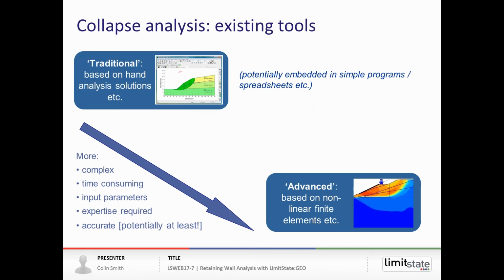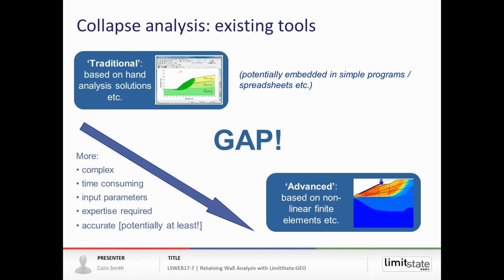So these are essentially software that automates a conventional hand calculation type approach, such as method of slices for slopes, or adapted Rankine methods for earth pressures on retaining walls. On the bottom right, we've got the fully nonlinear finite elements that can model any problem scenario in great detail, but requires more time and skill to use, whereas in the top left we've got solutions which are nice and quick and easy to use and fairly easy to get your head around.